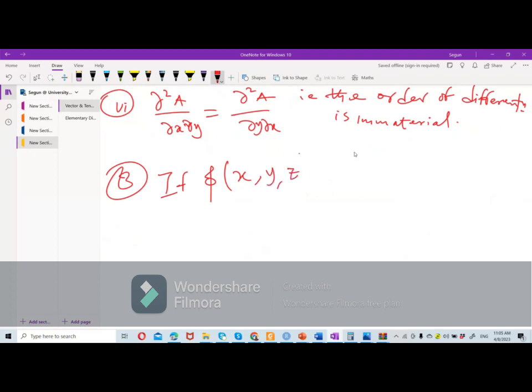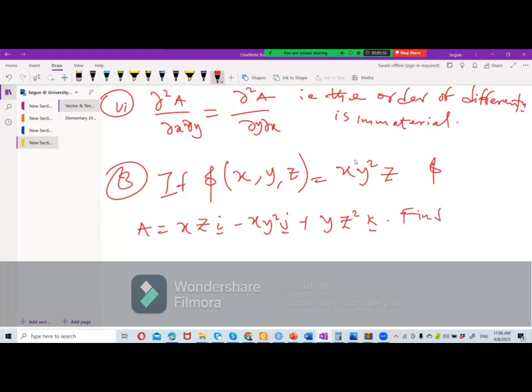X, Y, Z equals xy squared z. And A is equals to xz i minus xy squared j plus yz squared k. So we're asked to find the cube.